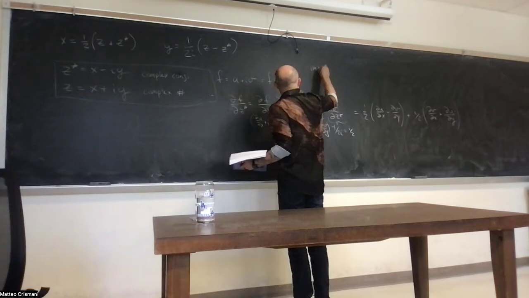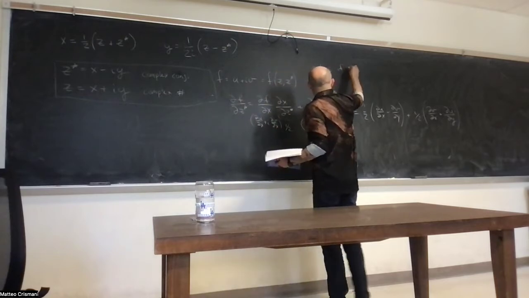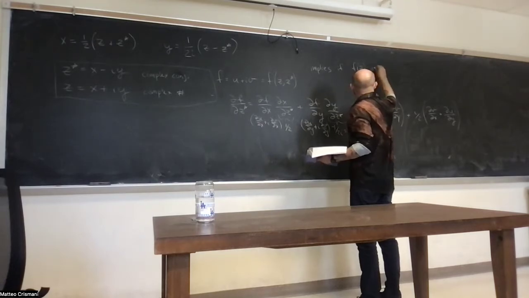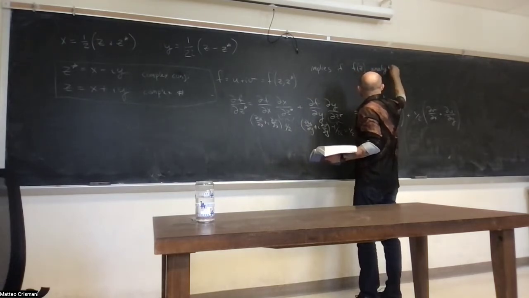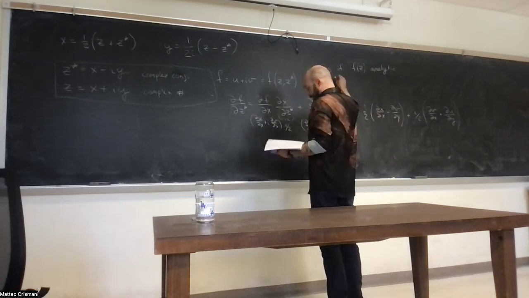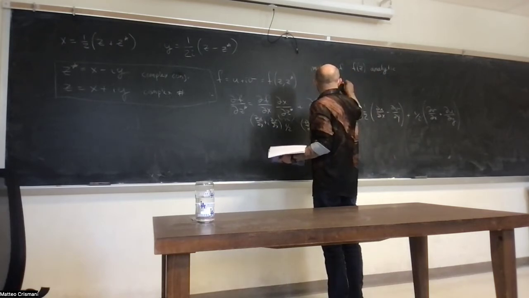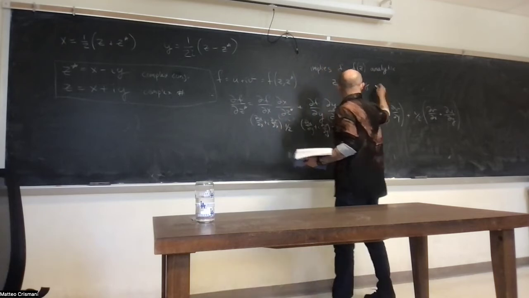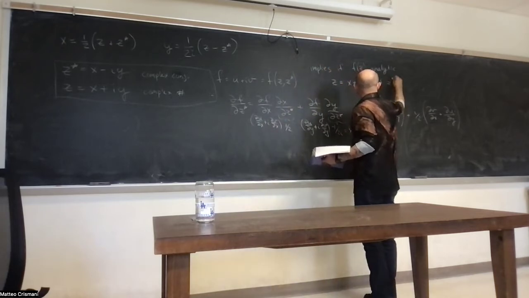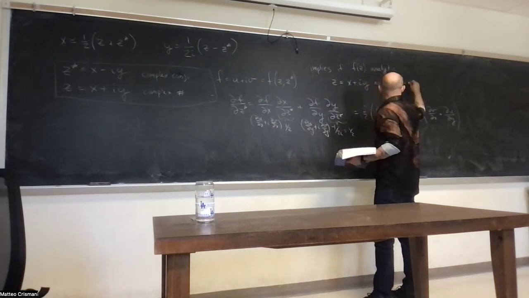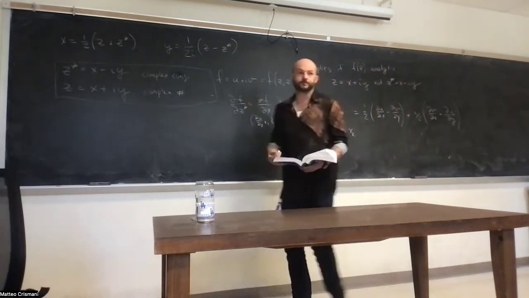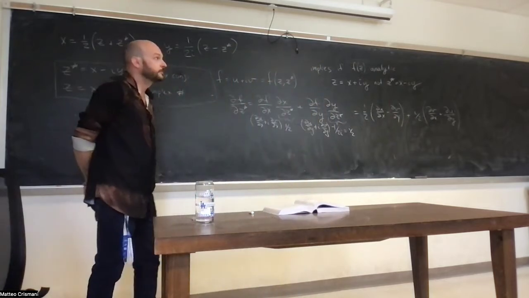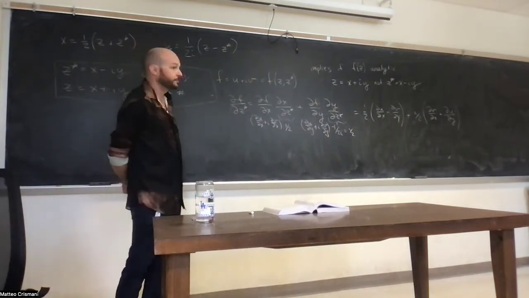So this implies if f of z is analytic, then z is only found as x plus iy. Is that okay? That's the implication, right?